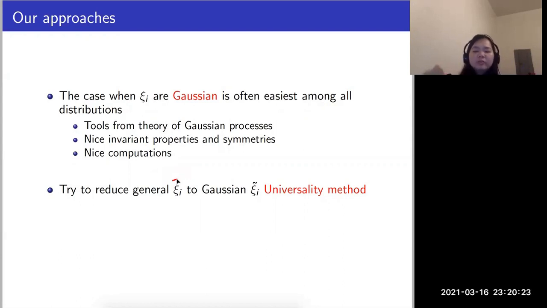With this universality, we reduce the general ξ_i to the Gaussian ξ_i, which I denote by ξ_i tilde. So the ξ_i tilde are Gaussian. Okay, so this is our general approach, and it originated from a very beautiful paper by Tao and Vu back in 2014, which can be traced back to their study in random matrix theory.